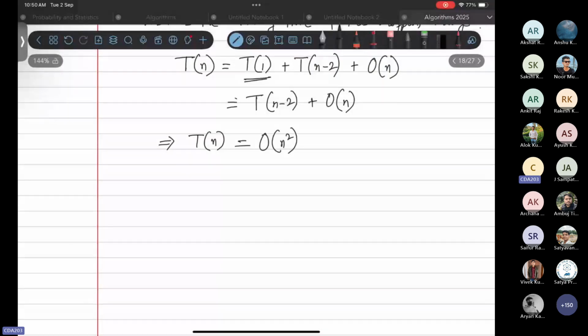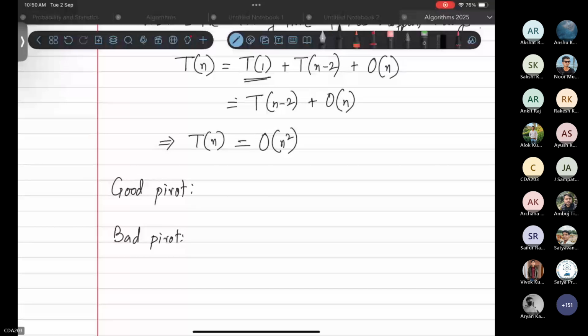So now I'd like to classify the pivot elements as good pivot element and bad pivot element. So what could be a good pivot element? That sends a constant fraction of elements in one part and the rest in the other.